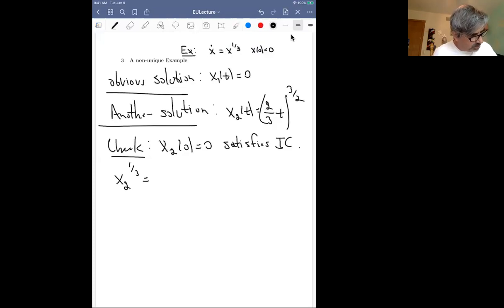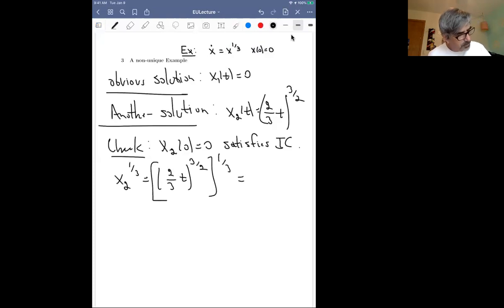That is equal to (2/3 t to the 3/2) to the 1/3, which is equal to (2/3 t) to the 1/2, because I have a 3/2 power and a 1/3 power, which gives me a 1/2 power when I multiply them.